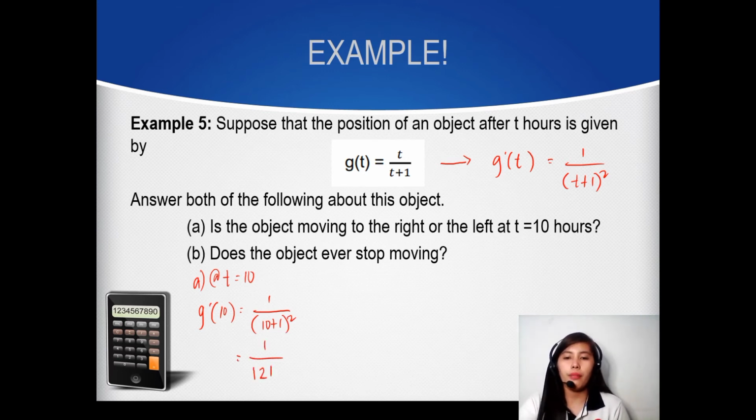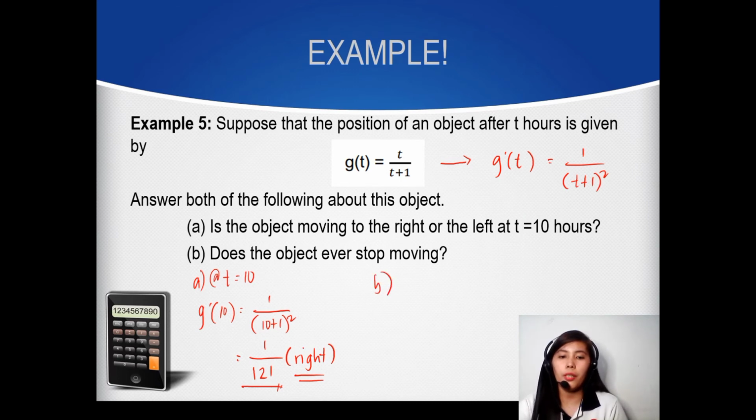And we have a positive answer. Remember that a positive answer can mean that it is increasing, moving up, or moving to the right. So the object is moving to the right since our answer is positive.